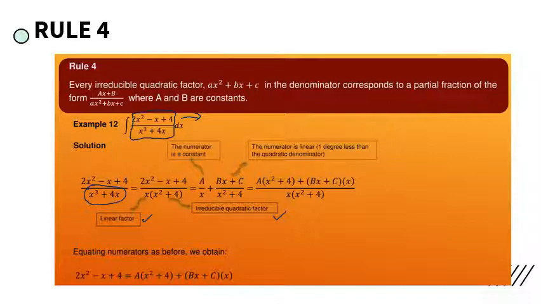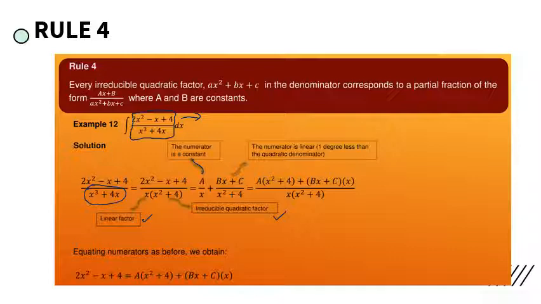So we transform this function into a partial fraction. For the first part of the denominator, we get the partial fraction A over x. For the linear factor x in the denominator, the numerator is a constant.